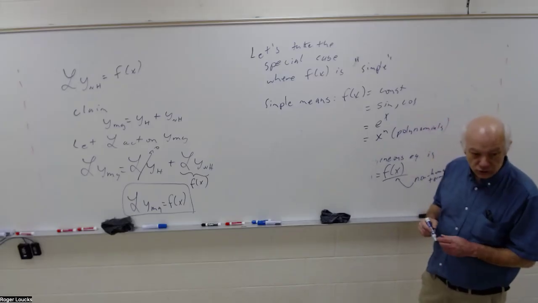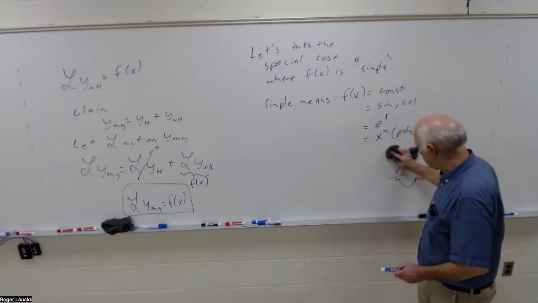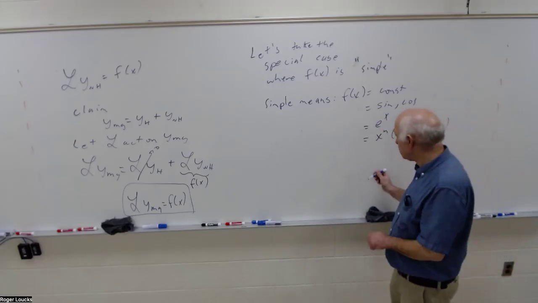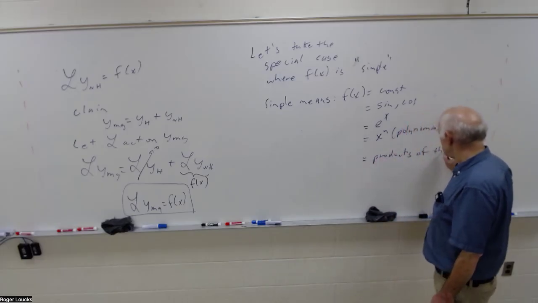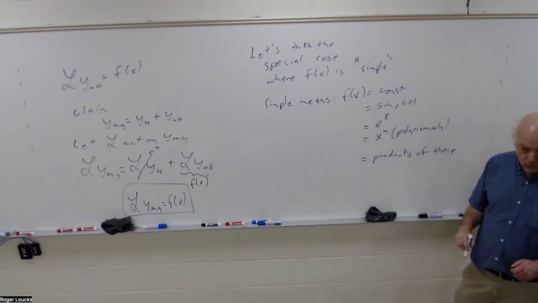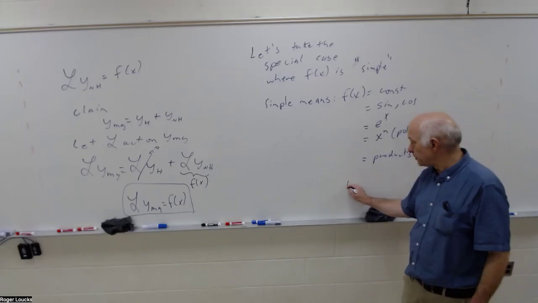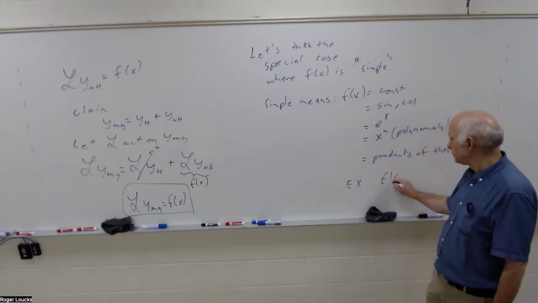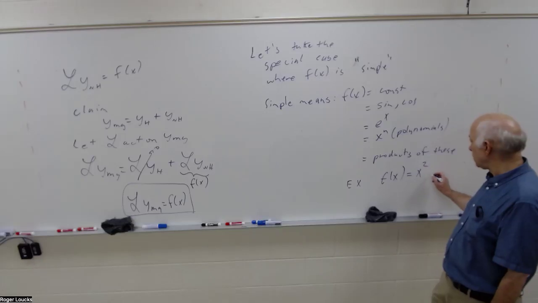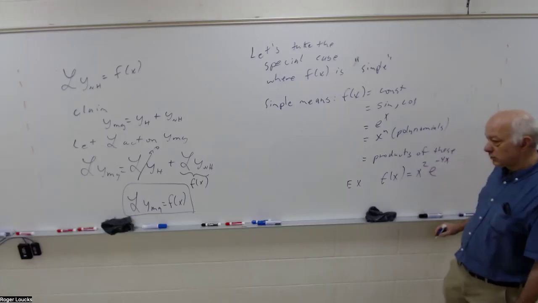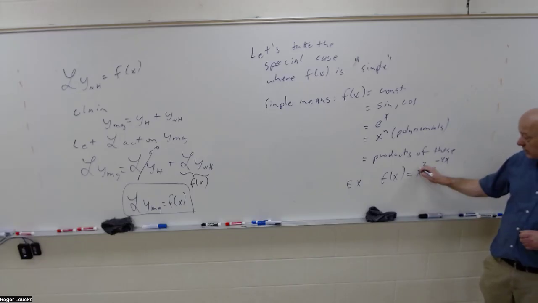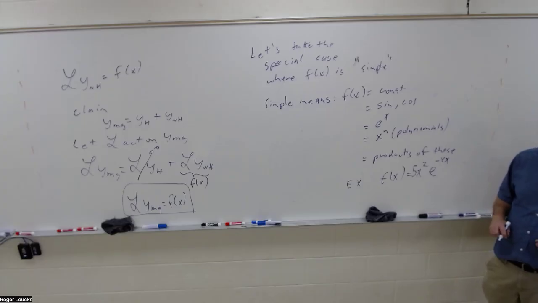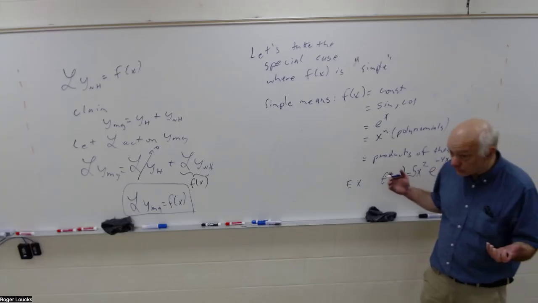Now, you could do linear combinations or products of these. I'm just going to say products of these. As an example, I could let f of x be something like x squared e to the minus 4x. I'm taking a polynomial times an exponential. Perfectly fair. You can even put a 5, or a sine in front as well. That's okay. It would be simple.